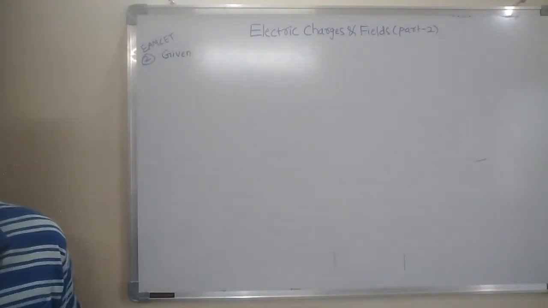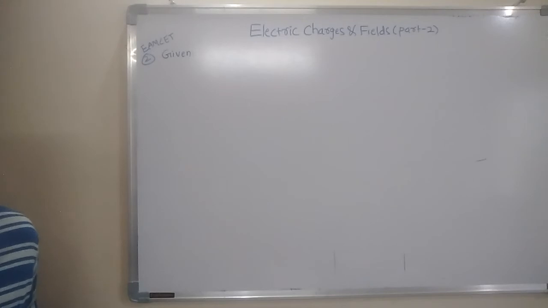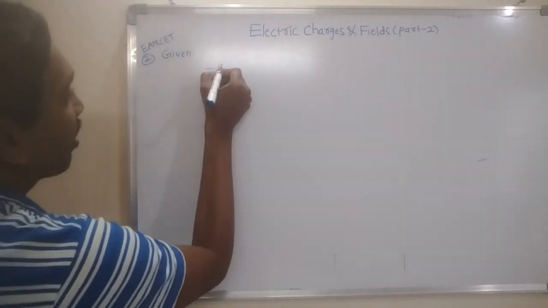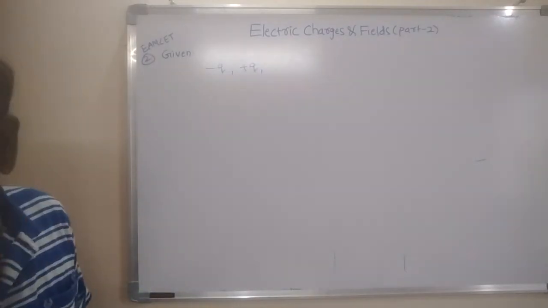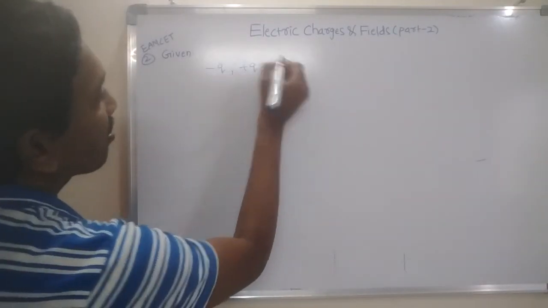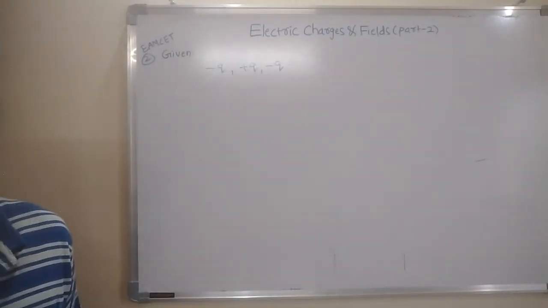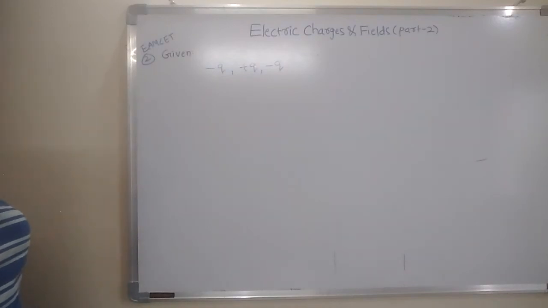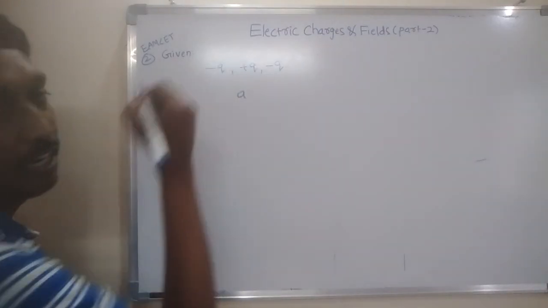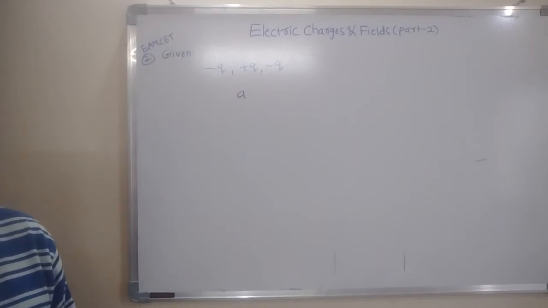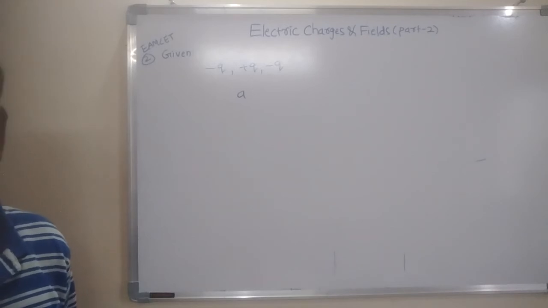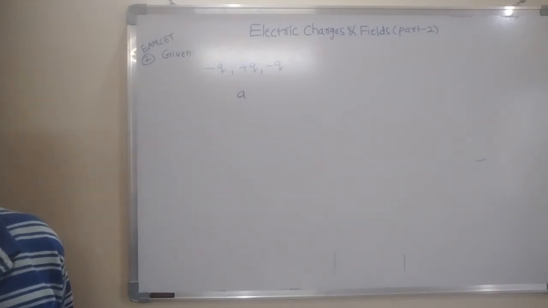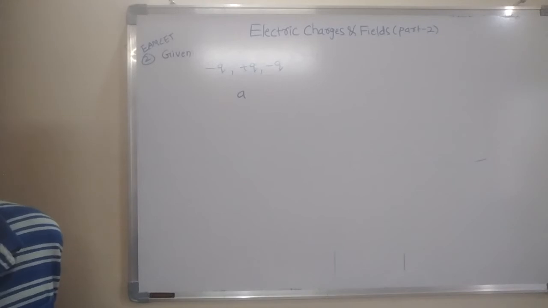Three charges are given: minus Q, plus Q, and minus Q, placed at the corners of an equilateral triangle of side a. The side length of the triangle is a. The question asks for the resultant electric force on a charge plus Q placed at the centroid O of the triangle.